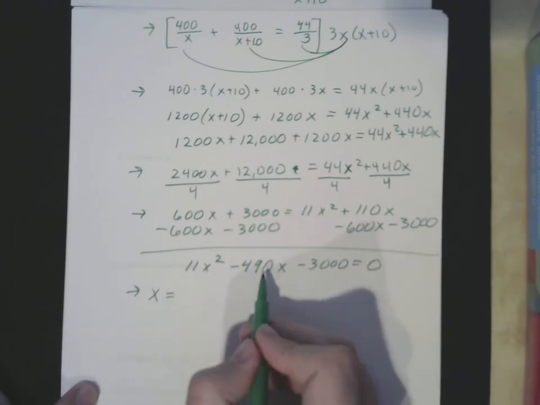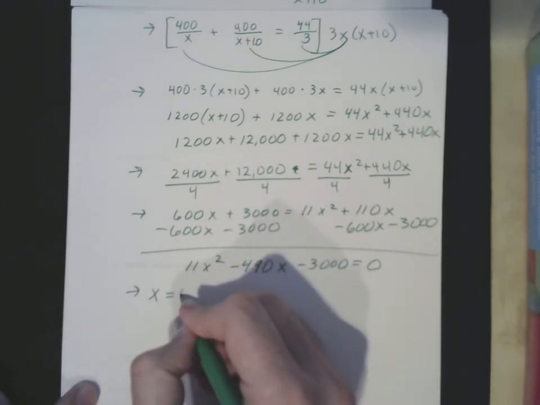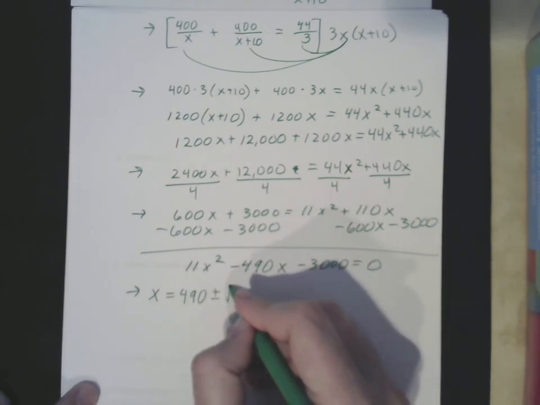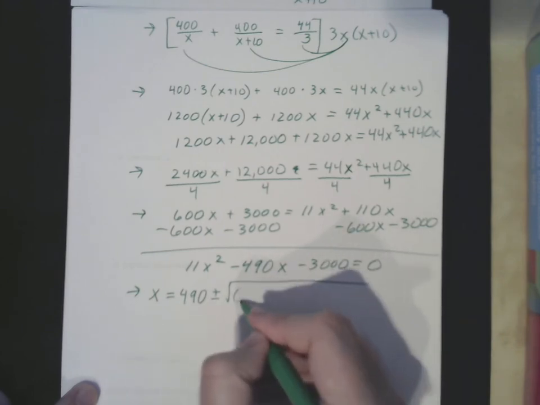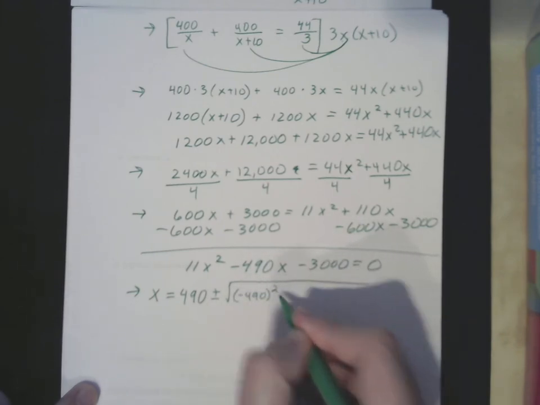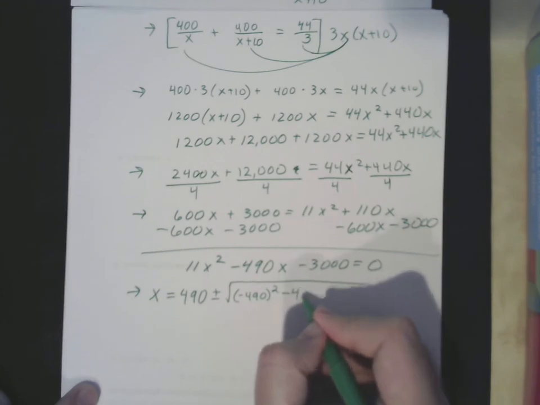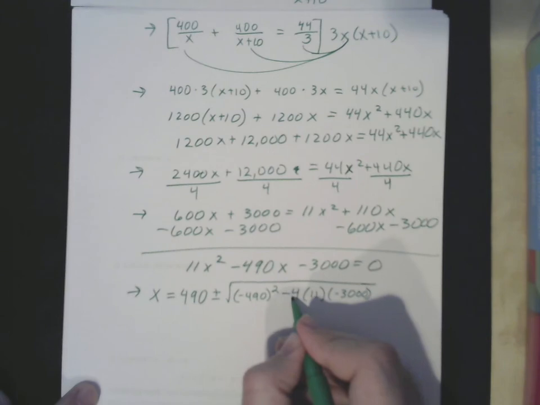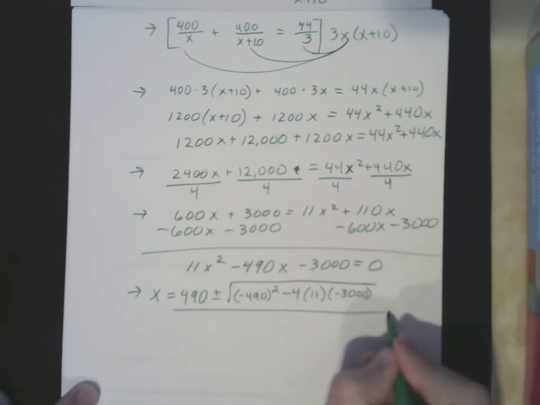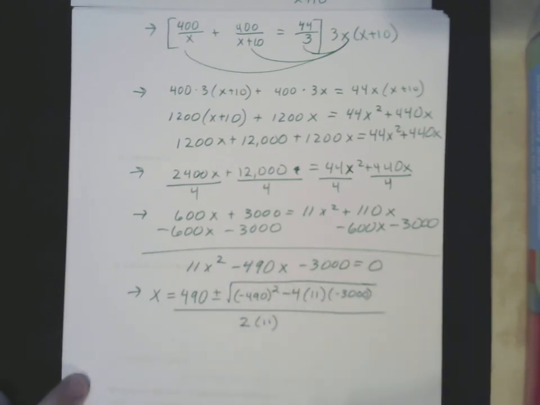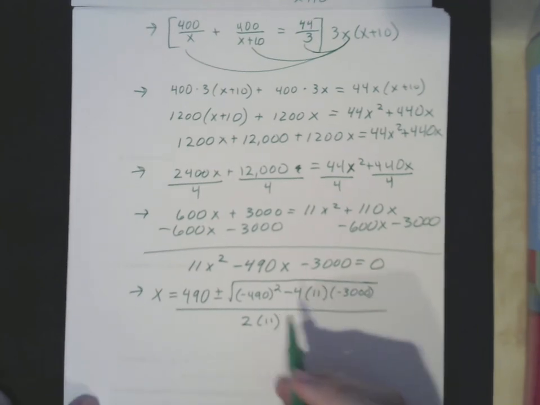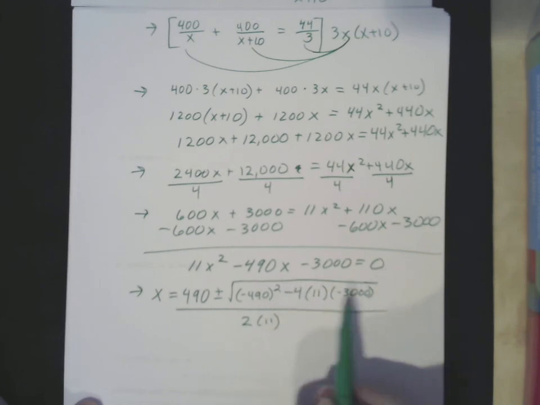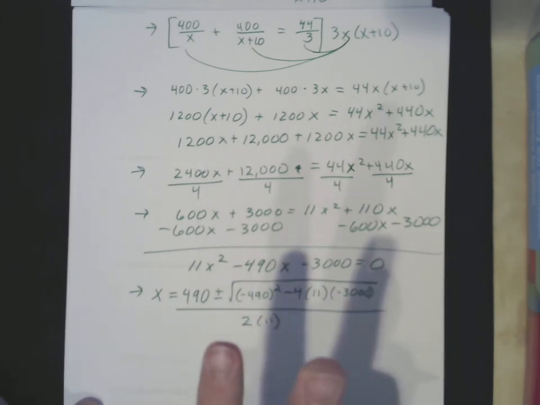So quadratic formula is negative b, or negative 490, which is positive 490, plus or minus the square root of negative 490 squared, b squared, minus 4 times 11 times negative 3,000, 4ac, all over 2 times 11. And if we look at our discriminant here underneath the radical, negative times negative makes this positive, so we'll have 2 real solutions.